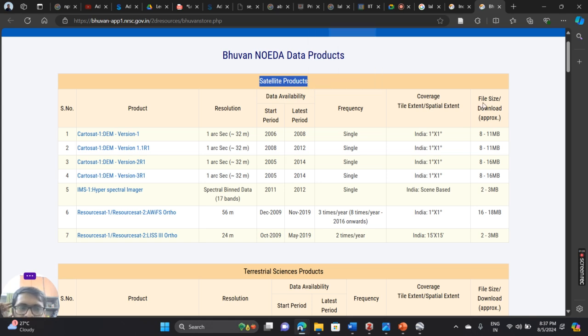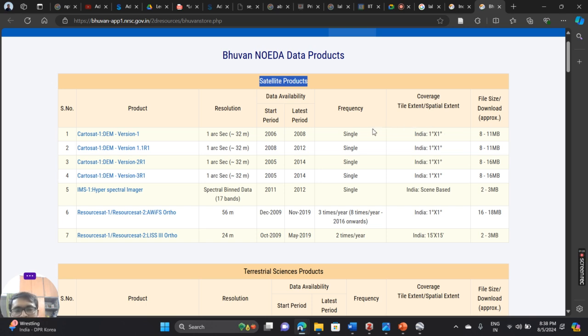Wherever it is written file size or downloads, you can download those data sets, and see how much space it takes for one particular grid. Here the tile extent is 1 degree by 1 degree, which means you will get an image covering an area of 1 degree by 1 degree, which is approximately 111 kilometers.